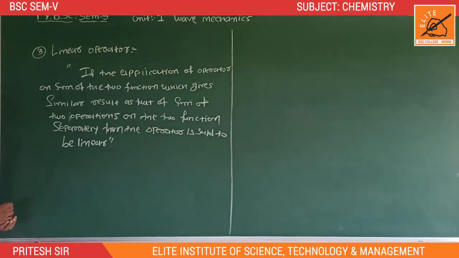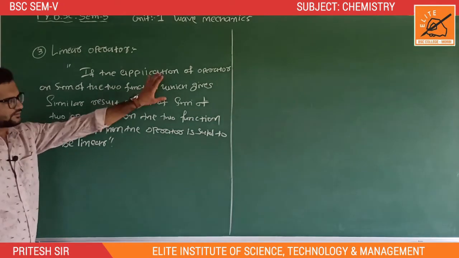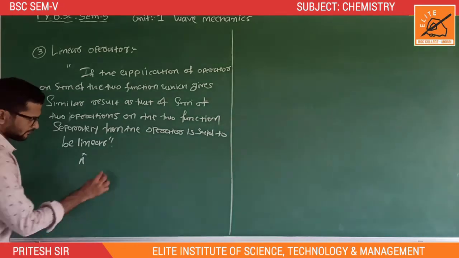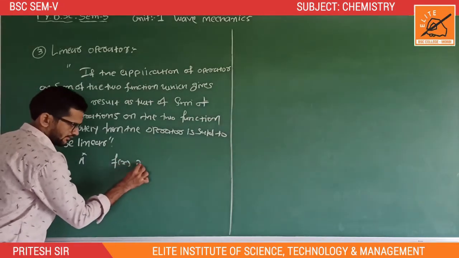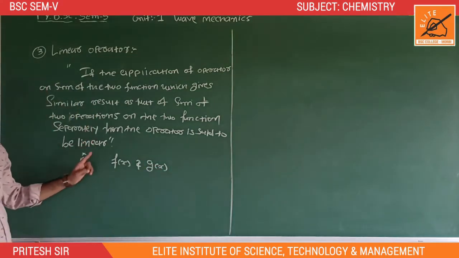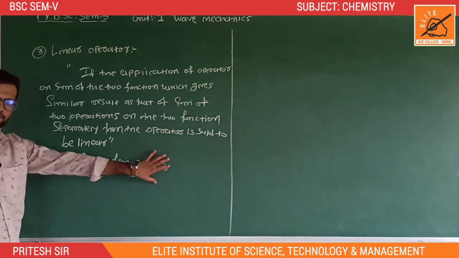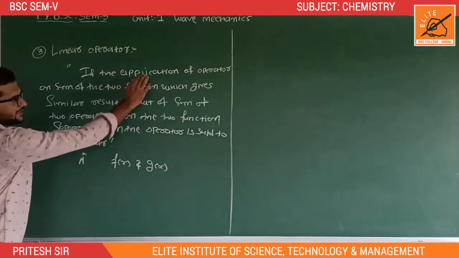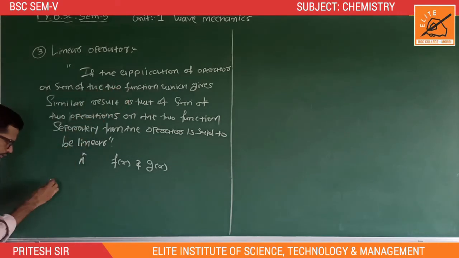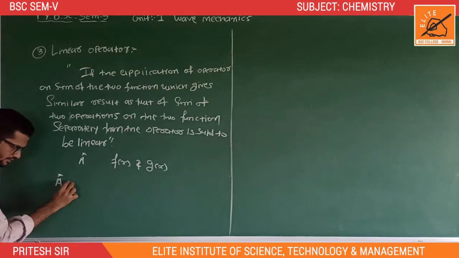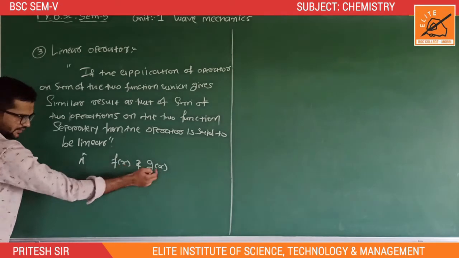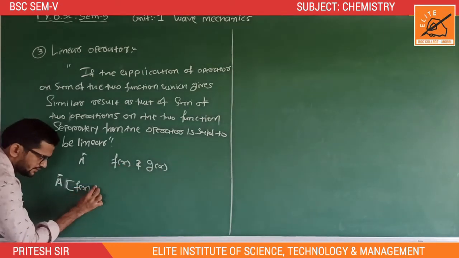Okay, so in this case one operator and two different functions are given. Suppose the operator is A cap, and the two different functions are f(x) and g(x).